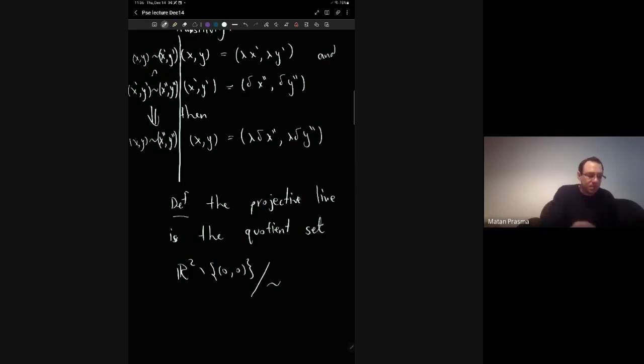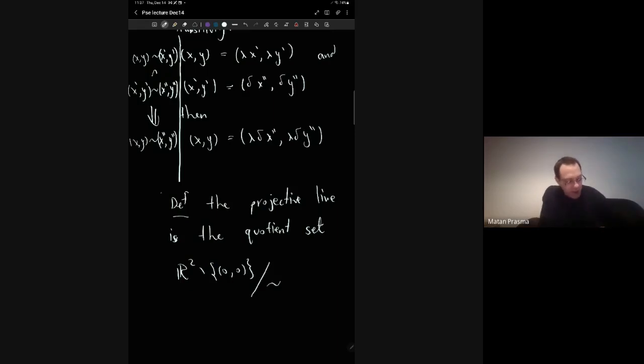And what I claim is, we saw that for some equivalence relations, if you had an algebraic structure, you have an induced algebraic structure on the quotient set.